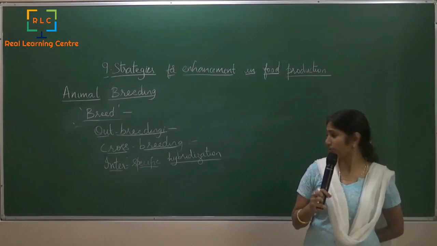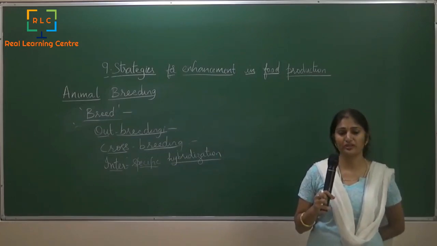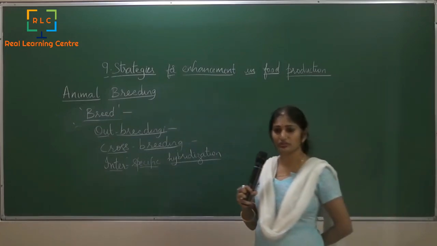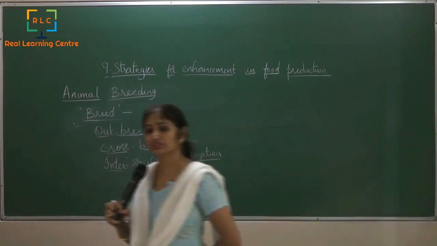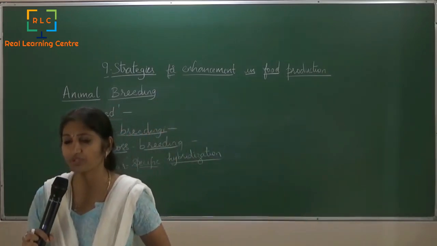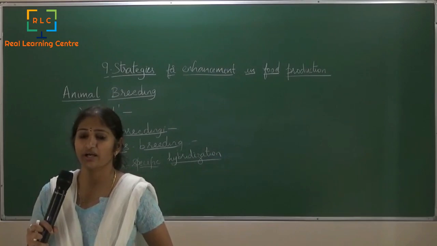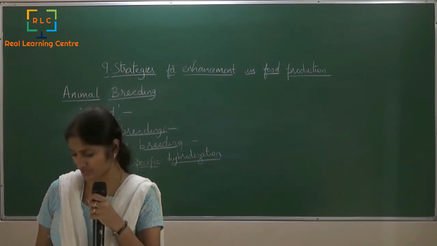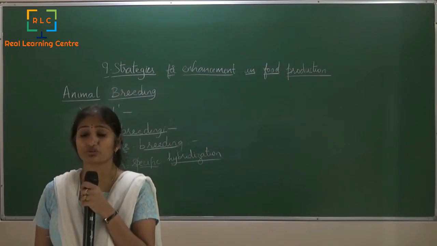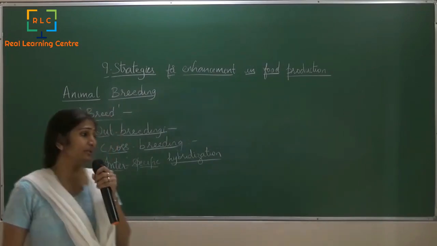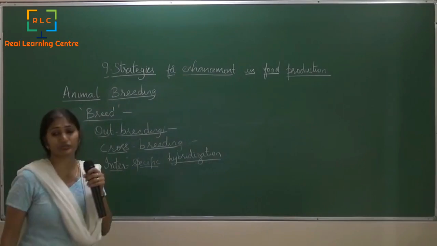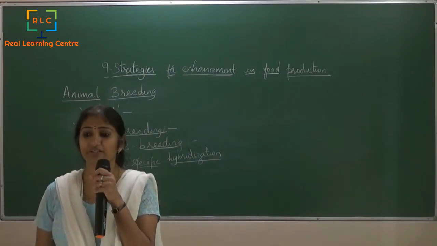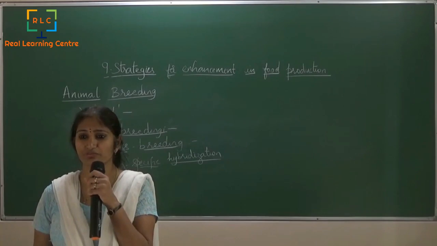And for this, the best example would be mules. This is a cross between a donkey and a horse, and has a lot of physical strength. So people really use it to carry things from one place to the other. So that is what we call interspecific hybridization.